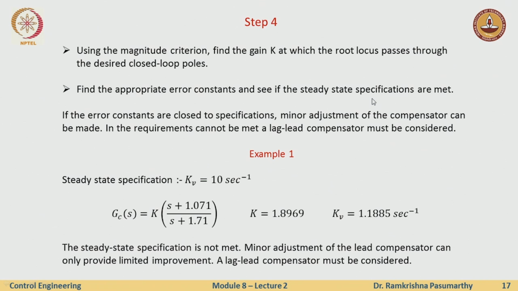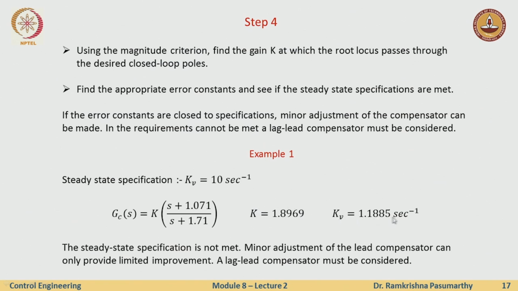And if the error constants are close to the specifications, we can just do some minor adjustments. So, in our example 1, where the location of the 0 was at 1.07 and the pole at 1.7, it resulted in a gain K of 1.889. This can be computed by the magnitude criterion, and this is very straightforward, and we had also seen the formula for this.